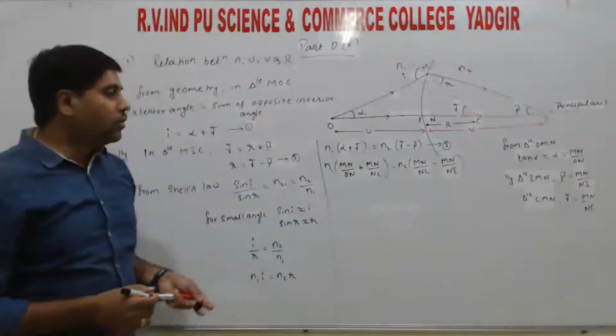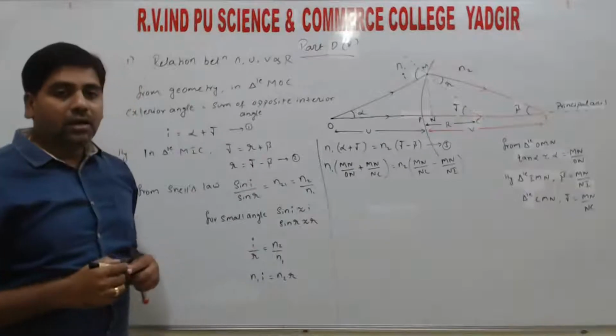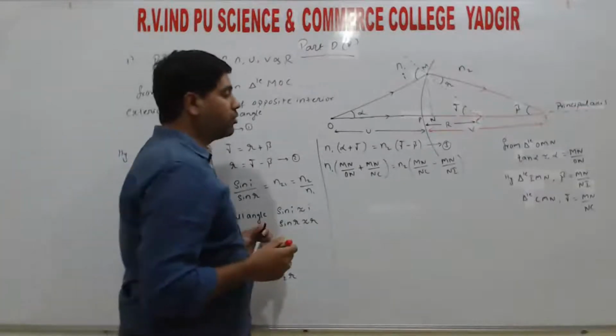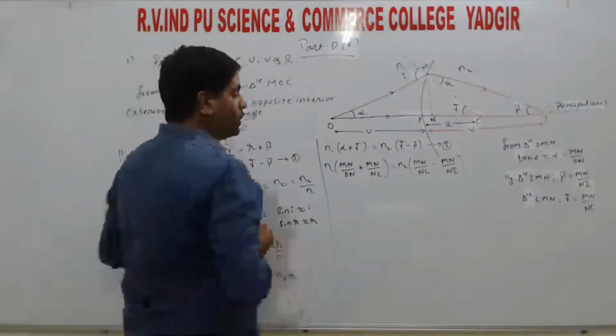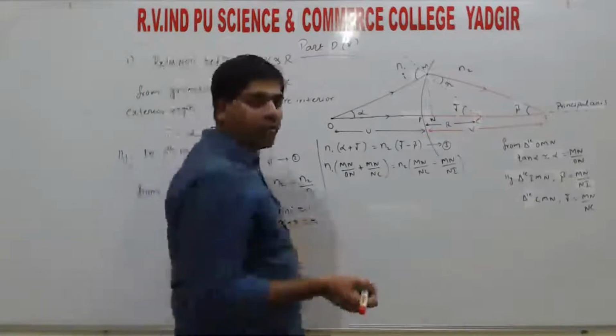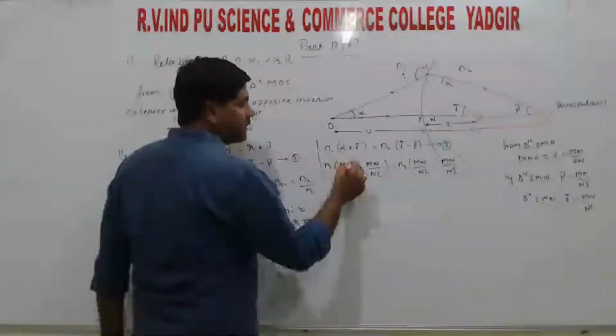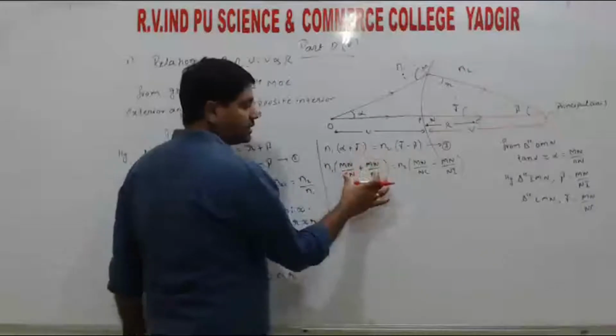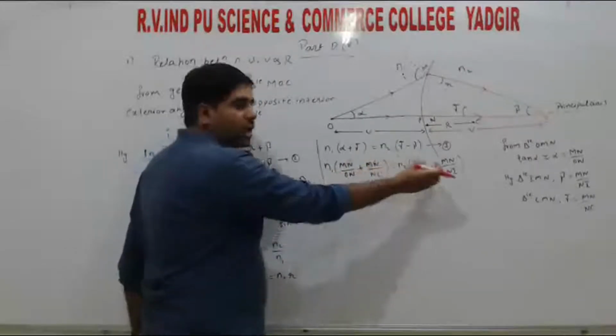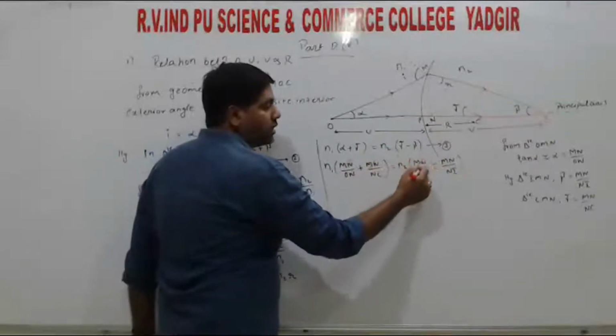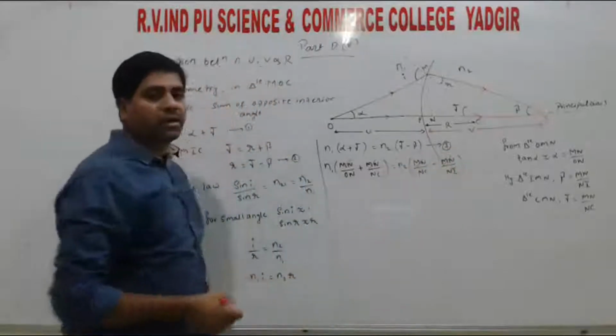So if you observe, in both LHS and RHS, in the numerator we have the common term, that is MN. So we can take it common and divide, otherwise we can cancel it here only. MN is common in two places on the LHS, and MN is common in two places on the RHS, so they cancel.